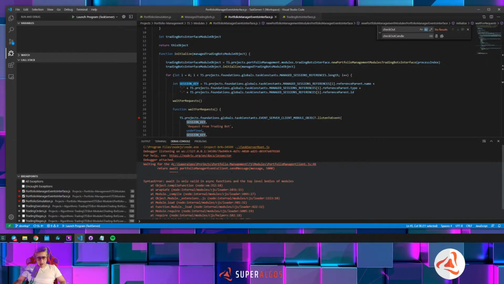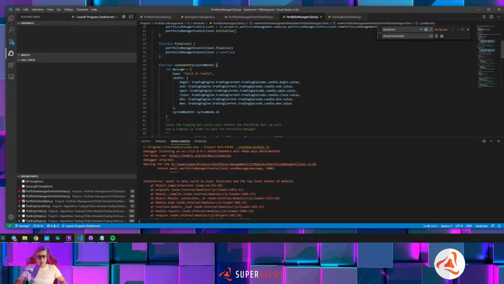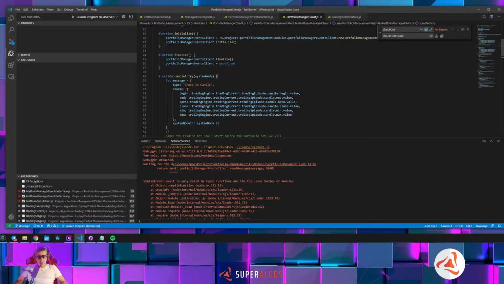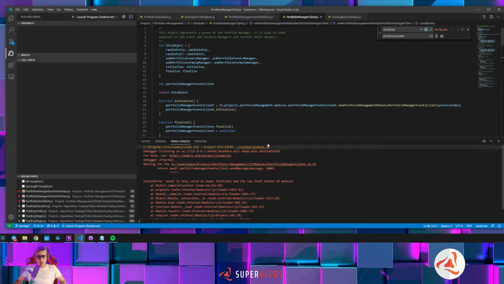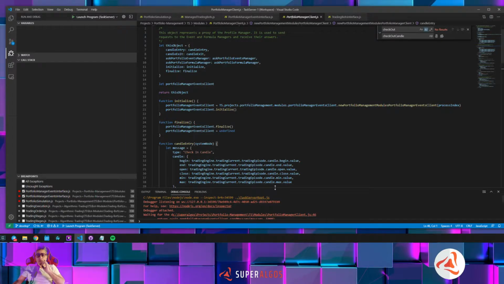Okay, and await must be inside an async function. Candle entry. Where are we? Portfolio manager client.